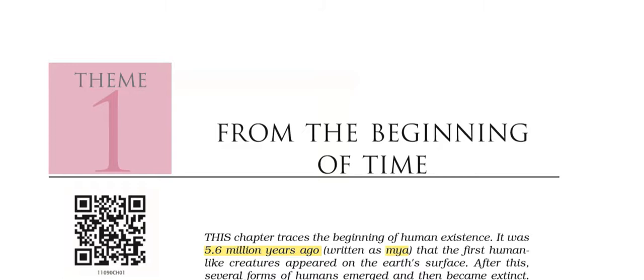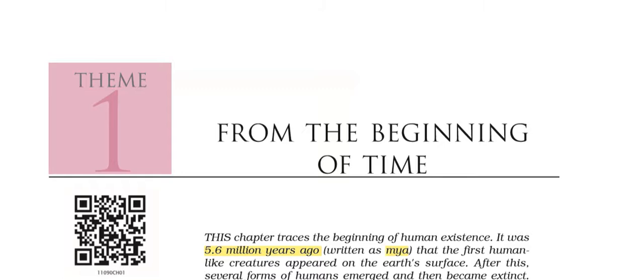Okay, before I proceed further with this chapter explanation, I want you to know that in class 11th history, you will have 20 marks reserved for your project work and viva. The project and viva will have 20 marks, and your theory paper will be of 80 marks, right?